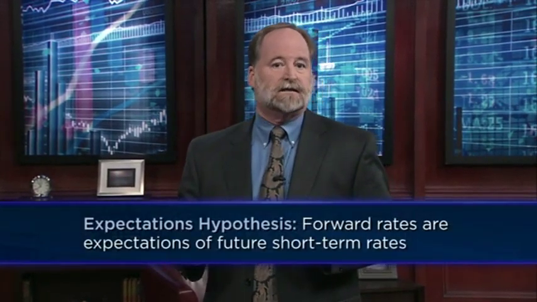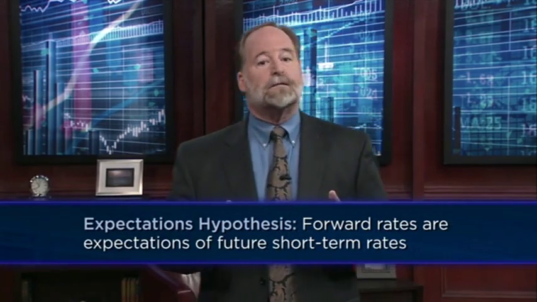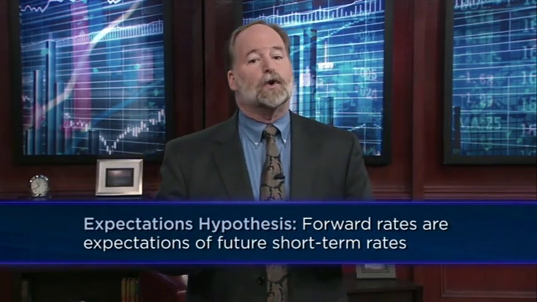That is, for a given expectation in the future, the current yields adjust until the forward rates are equal to the market's expectation of the future spot rate. This is called the expectations hypothesis, that forward rates are expectations of the future short-term rates.